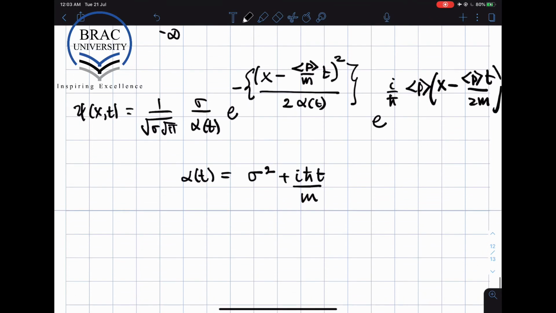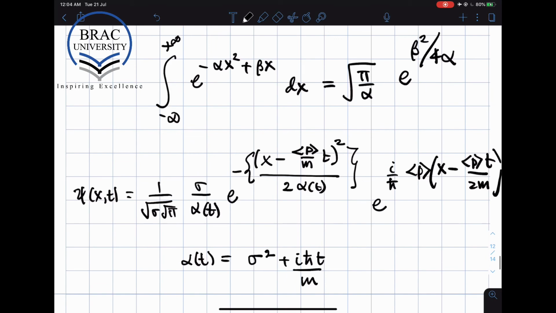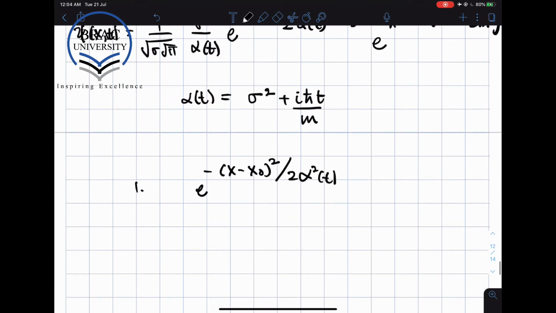So there is a Gaussian factor over here, and what does it look like? The Gaussian factor looks like e to the power minus x naught squared divided by 2 alpha squared of t. I forgot the squared here. And so what is x naught?